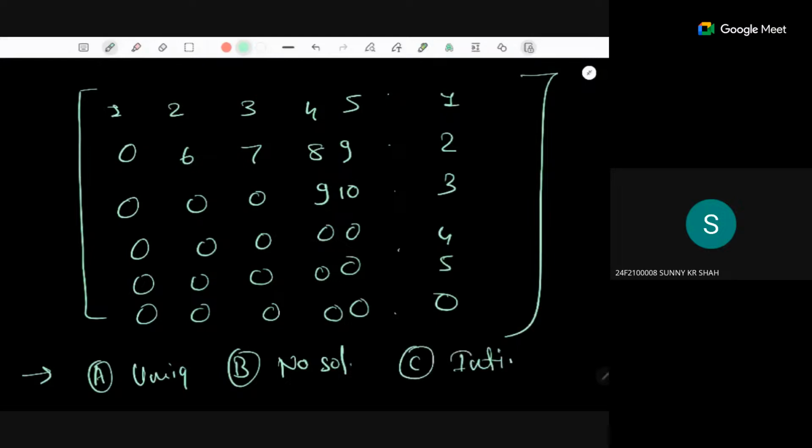So what will be your answer? So what do you guys think here? What will be the answer? This system will have a unique solution, no solution, or infinitely many solutions.